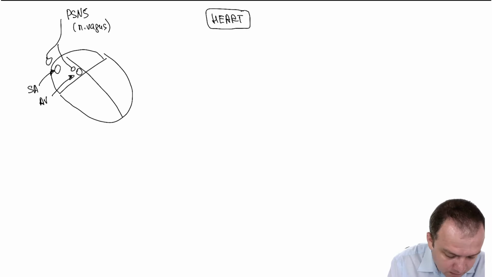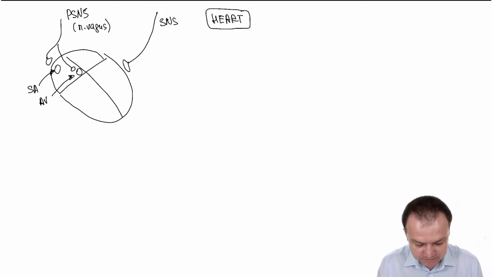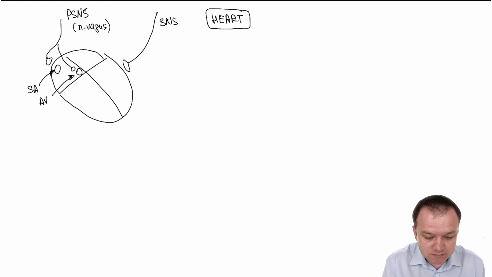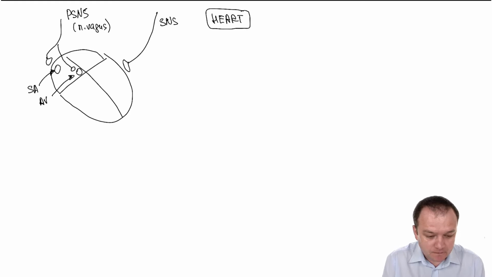And of course, the heart receives sympathetic nerves from the sympathetic nervous system. But the major innervation of the sinoatrial node is by the nervus vagus of the parasympathetic nervous system.